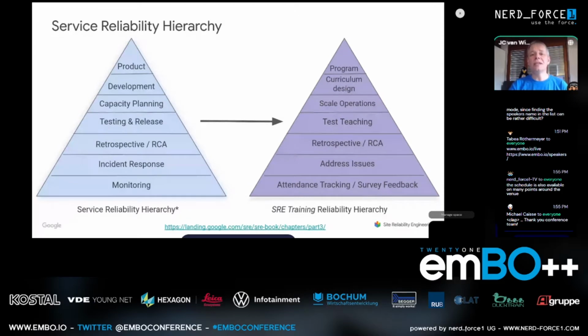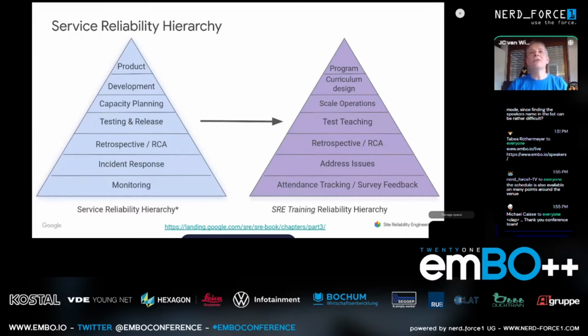We cannot do that in just one location because we cannot fly people in, in the pre-COVID era, to the one teaching location. So we have multiple teaching locations. And of course, we have to create or design our curriculum. And on top of everything is the entire curriculum, the program itself.